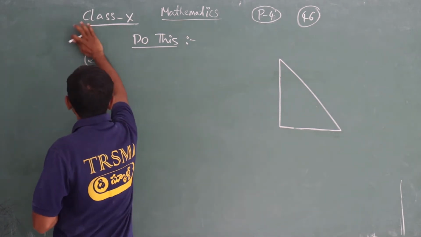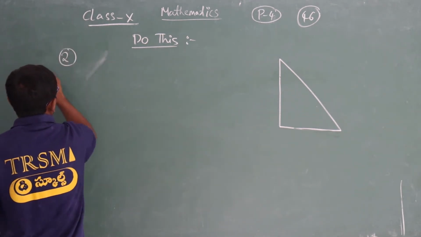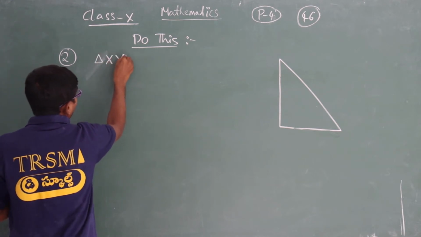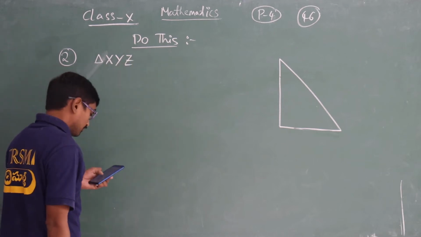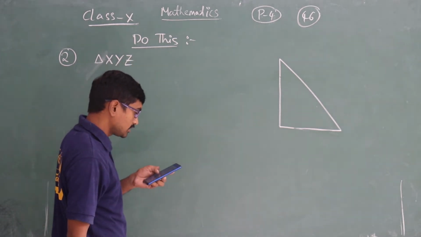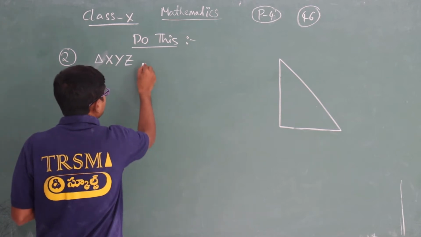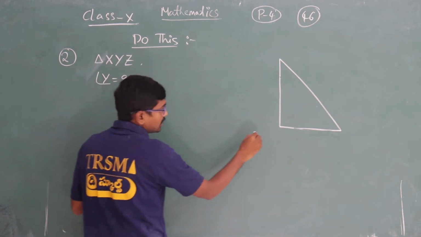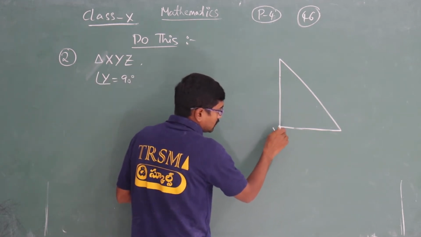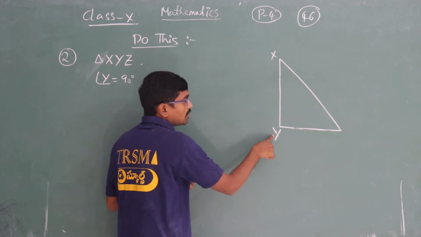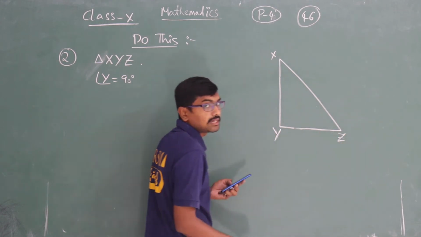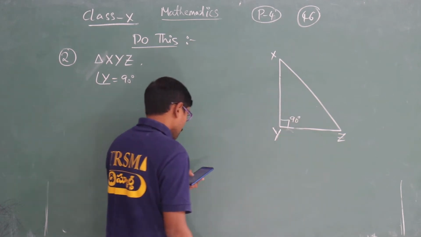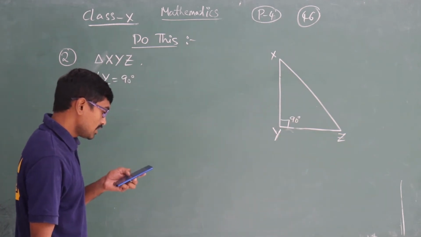Angle Y is 90 degrees. So let us take this as X, Y, and this as Z. Where is the right angle? The right angle is exactly at Y, so this is exactly 90 degrees.